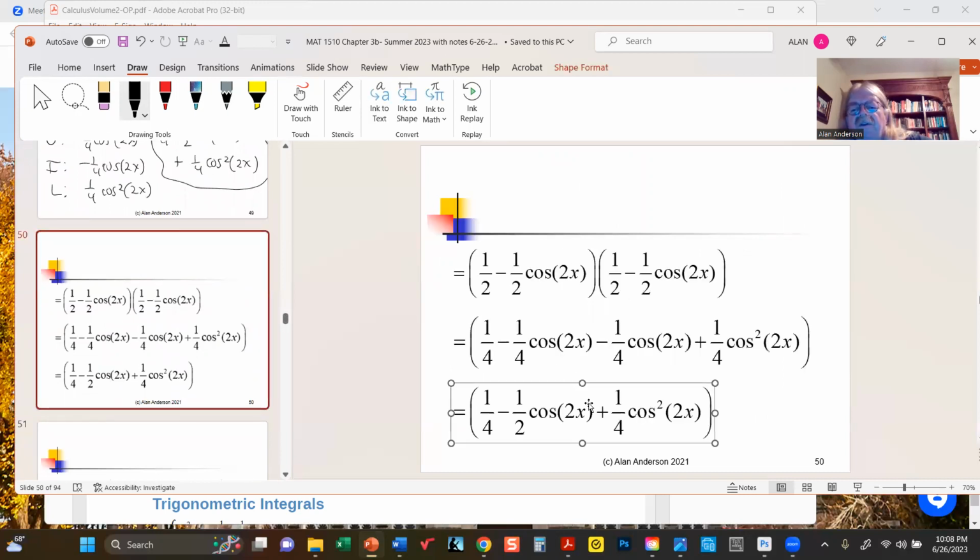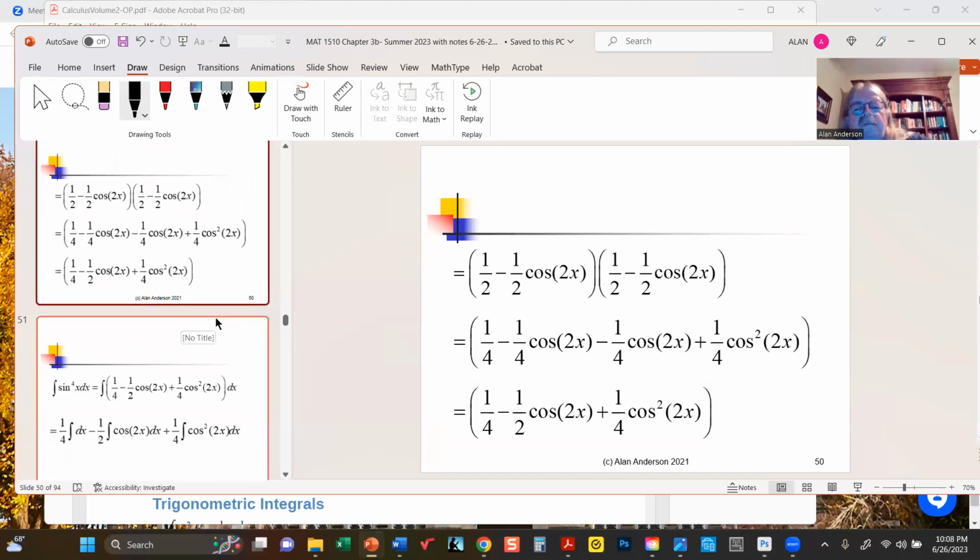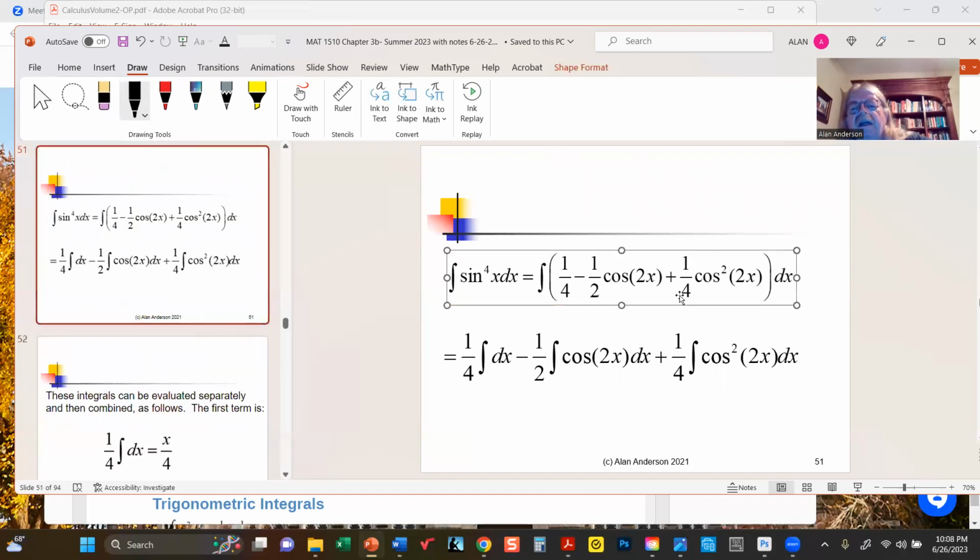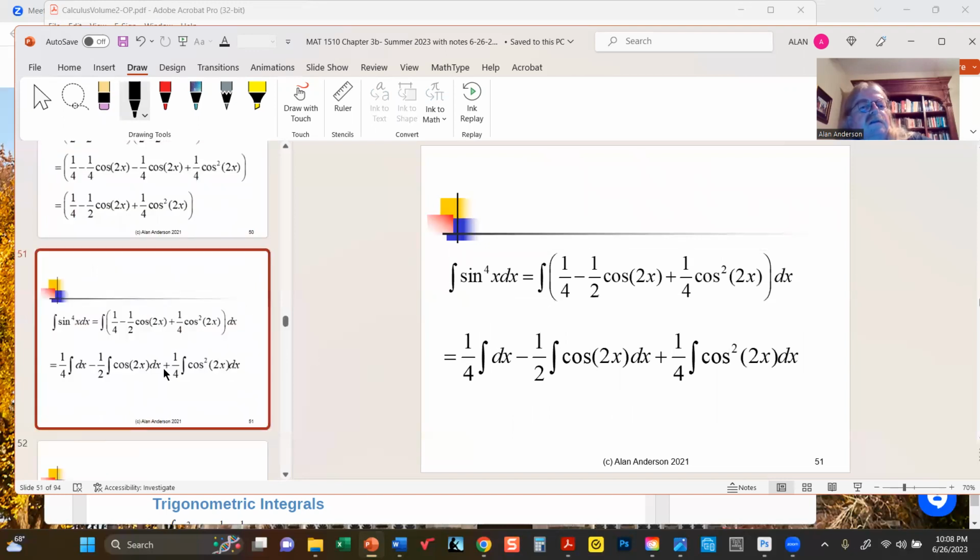All right, so that's what we're seeing down here. So we just proved it by using FOIL. So we're going to bring that onto the next slide. Same thing. This is that result you just looked at. And now we're just going to break this up into pieces.